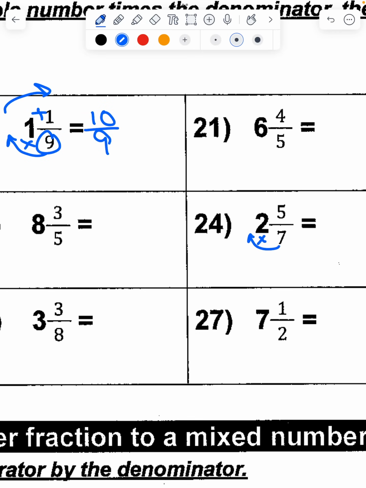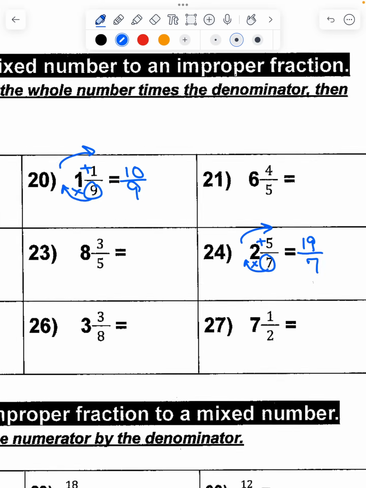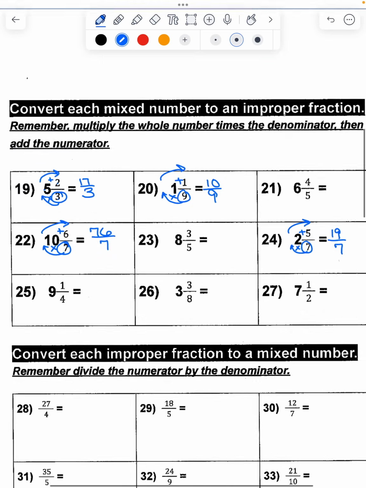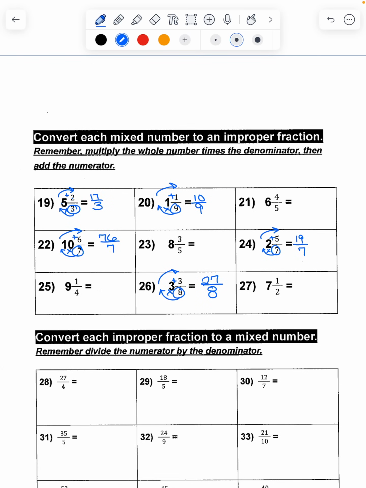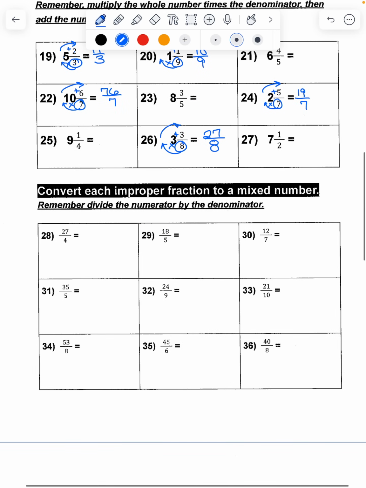Number 24, 7 times 2 is 14. 14 plus 5 is 19, and you put it over the same denominator. And 26, 8 times 3 is 24. Plus the 3 is 27. Put it over the same denominator. Okay, you now have 4 more of those to do on your own.